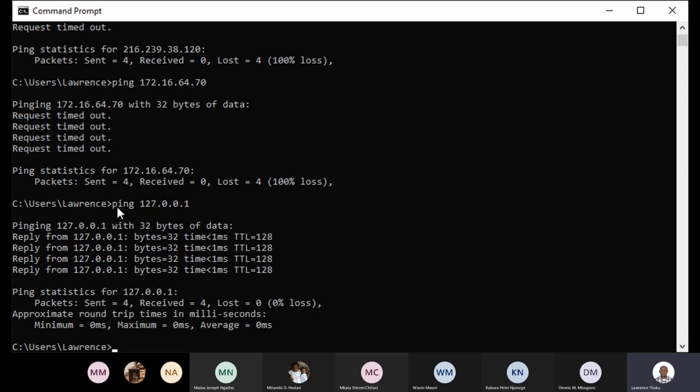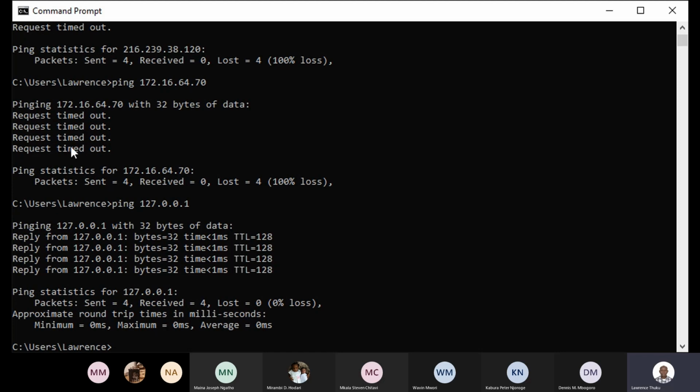So if you look at this, it's a simple protocol, a packet internet grouper, and it's giving us all those scenarios. That is one, the format of replying. For example, you're able to see it's replying for us, ping that particular device with this number of bytes of data. It gives us the 4 different replies, the timing for it, the TTL, and of course it provides us the statistics of that kind of pinging.